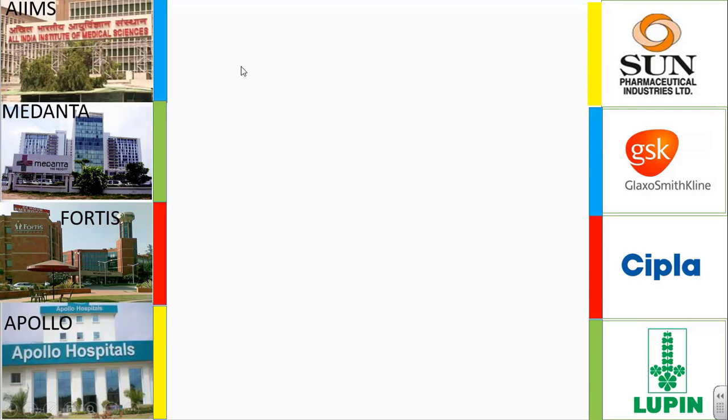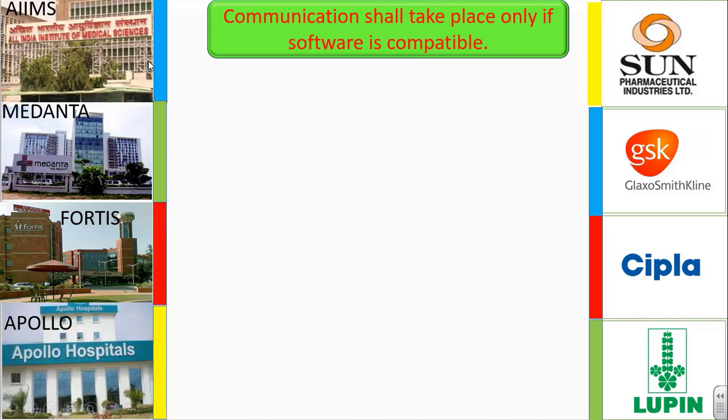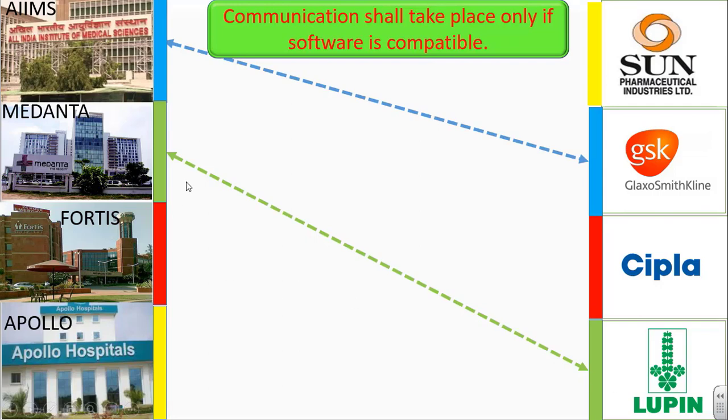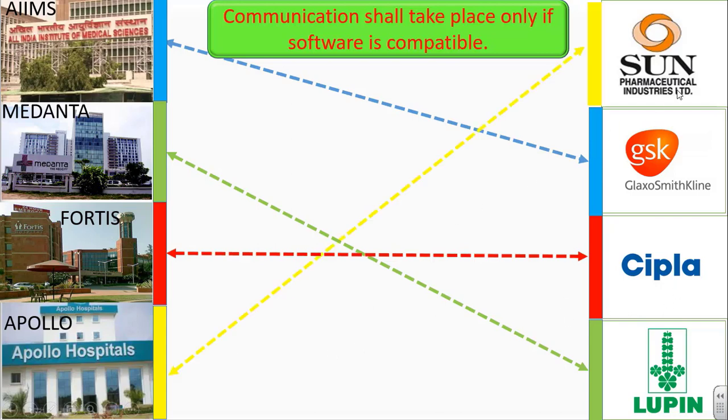If we look at this particular case closely, we will see that AIIMS will be able to communicate only with GlaxoSmithKline. Medanta shall be in a position to communicate with Lupin. Fortis will be able to communicate only with Cipla, and Apollo Hospital will be able to communicate with Sun Pharmaceutical Company.